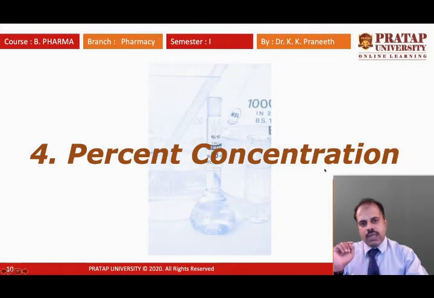So how to make this kind of solution, 10% solution, 5% solution. So this is another important concentration term used everywhere, even in medical and in the chemical industry, to prepare different percent concentrations of a drug or chemical. So let's find out how to make this percent concentration and what are the formulas involved.